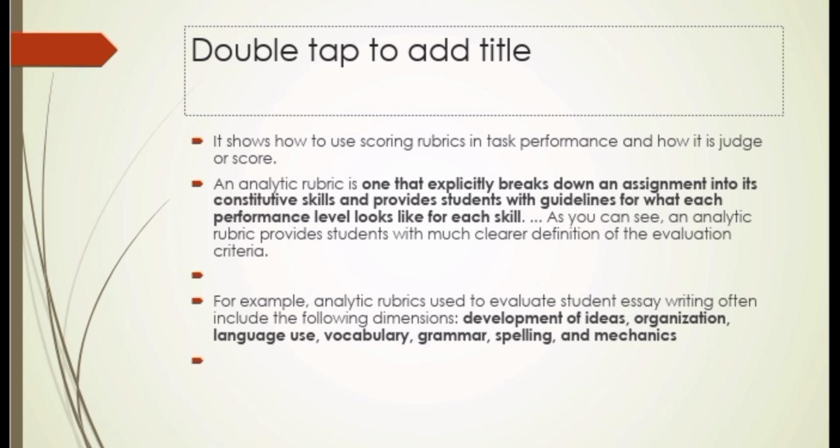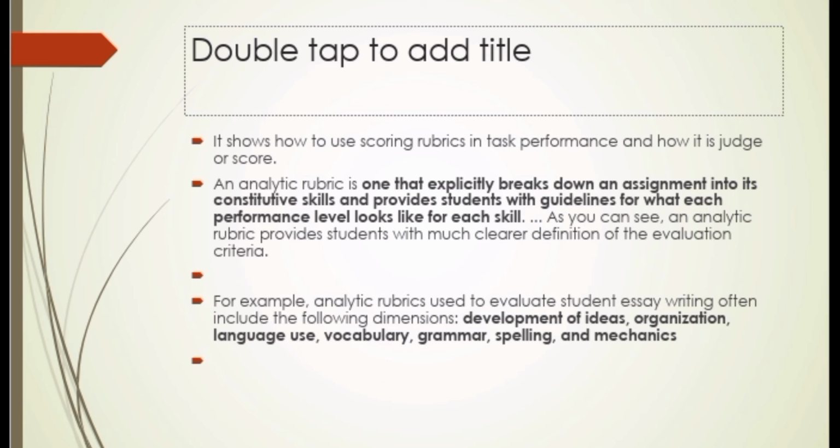And it shows how to use scoring rubrics in task performance and how it is judged or scored. An analytic rubric is one that explicitly breaks down an assignment into its constitutive skills and provides students with guidelines for what each performance level looks like for each skill.